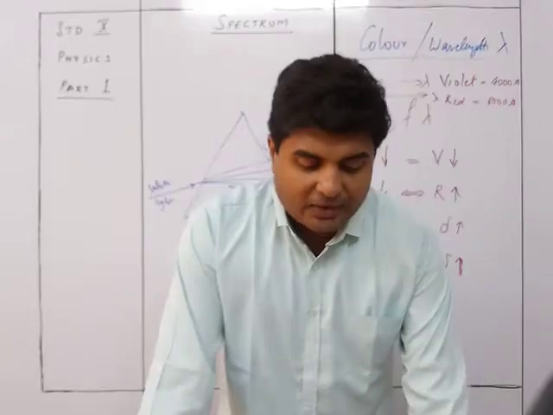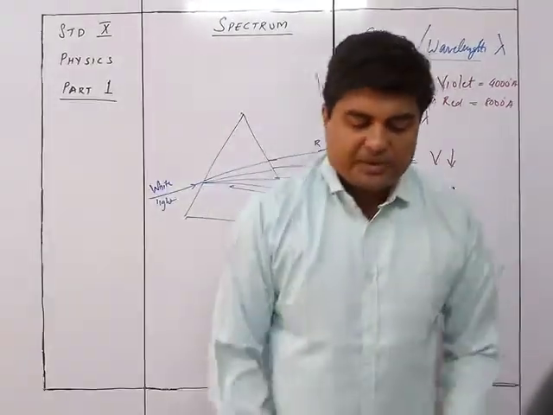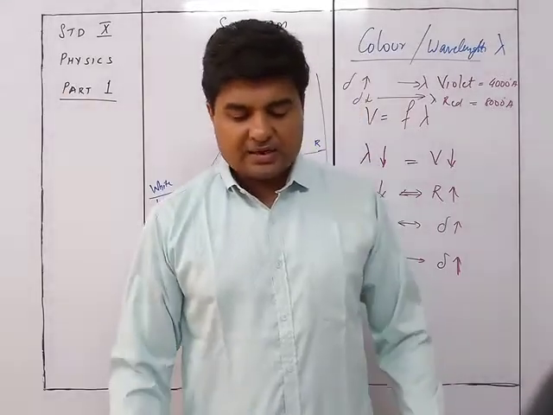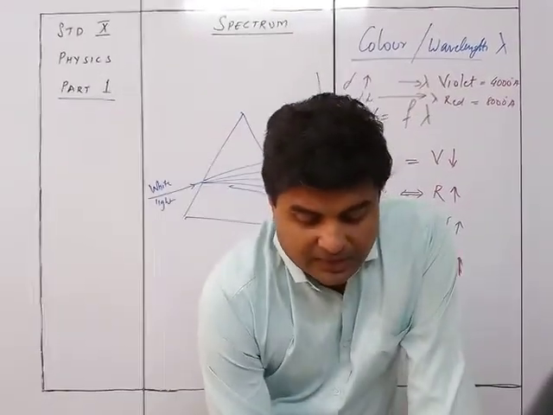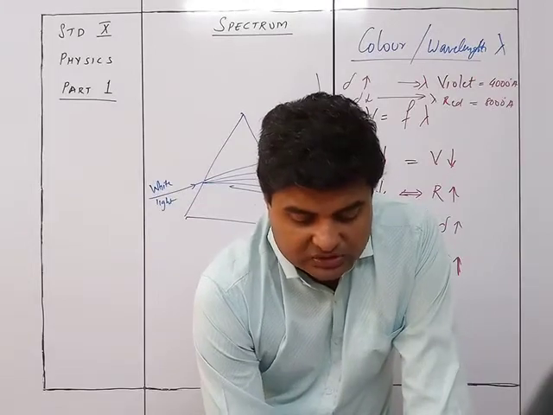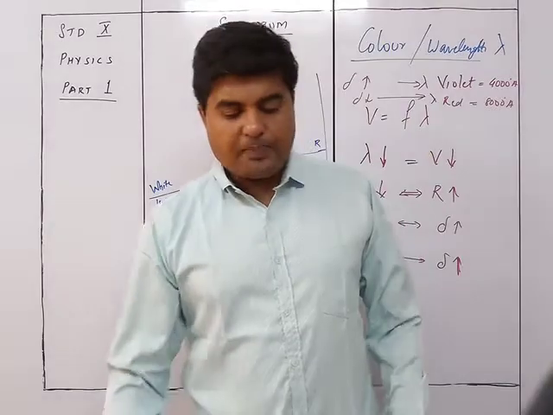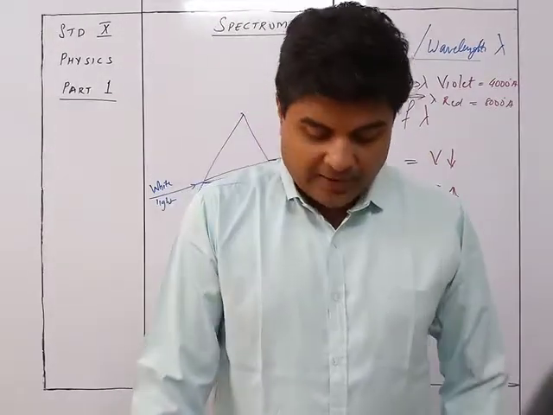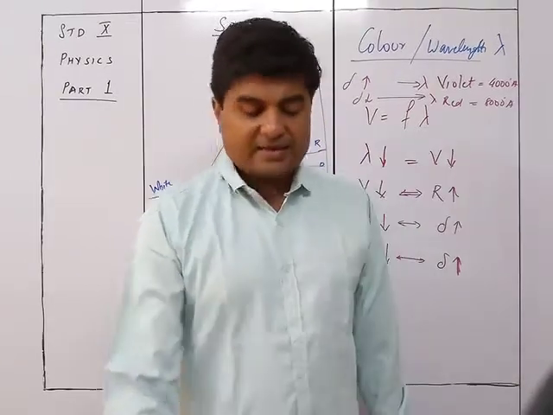So Newton allowed the light from the sun to enter a dark room through a small aperture in the window and placed a glass prism in the path of the light ray. The light coming out of the prism was received on a white screen. On the screen, a colored patch like a rainbow, as shown in the figure, was obtained, which was termed the spectrum.